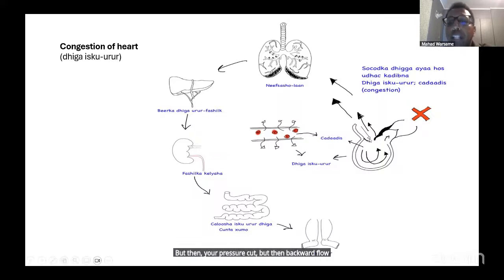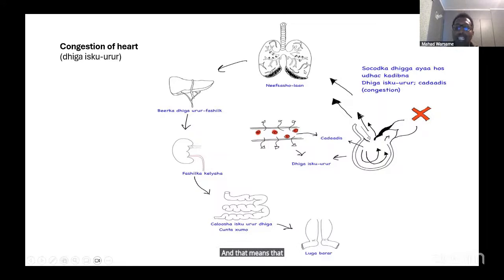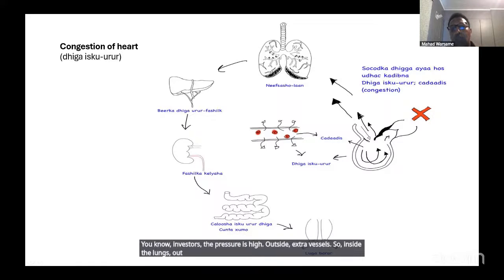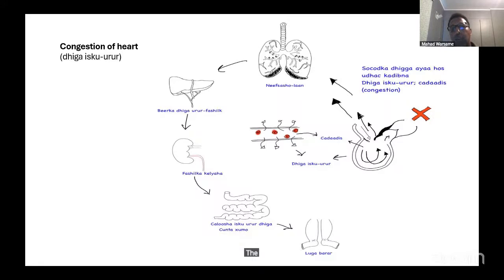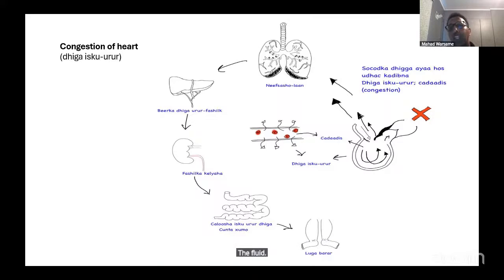The pressure goes backward, and that means that if the pressure in the vessels is high, the blood leaves the vessels, goes outside the vessels, and comes inside the lungs. So inside the lungs, the pressure inside the vessels is very high because there's congestion, and then the fluid goes into the interstitium.